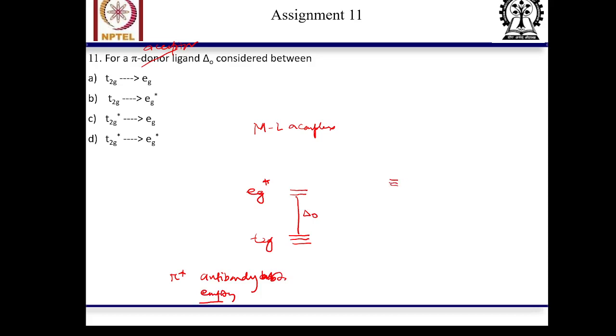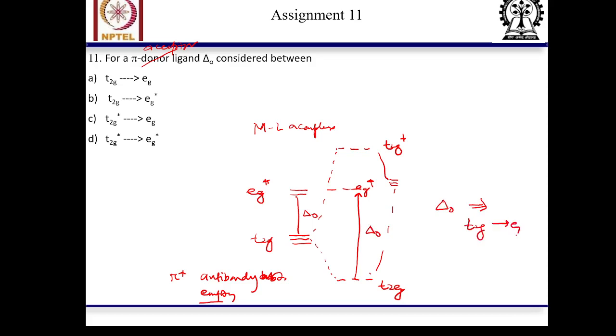Now, once it interacts, it will form a bonding orbital and an anti-bonding orbital. So this is your T2g and this is your T2g star. Now here is your Eg star. So this is your delta 0. Now delta 0 is defined by T2g to Eg star. For this case also, the correct option is B.